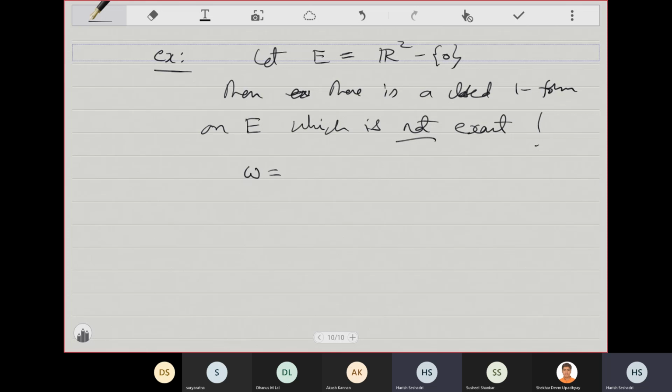The one form is omega equals x divided by x squared plus y squared, this function times dy, minus y divided by x squared plus y squared dx. This one form, if you just take partial derivatives appropriately and check, d omega will be 0.